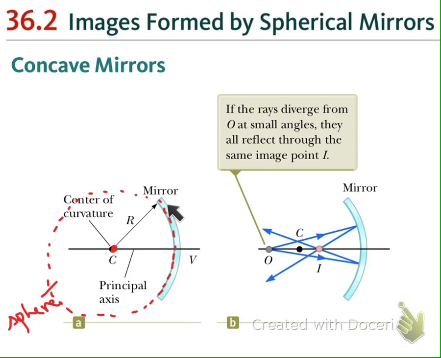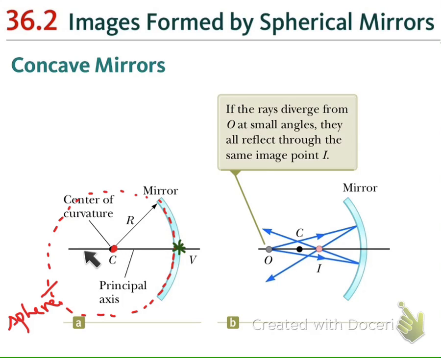But since the mirror is just a part of the sphere, it's not a complete sphere, so we don't call it the center, but we call it the center of curvature. It's not the center of the mirror. When we talk about the center of the mirror, it always means this point. Okay? It always means this point, the center of the mirror. But point C, the center of curvature.